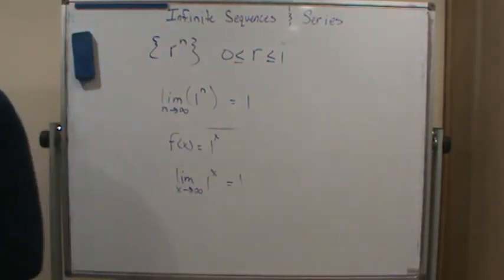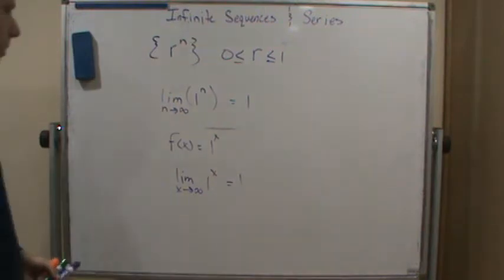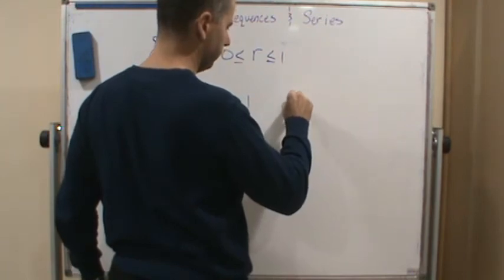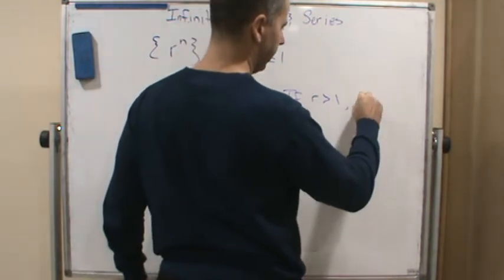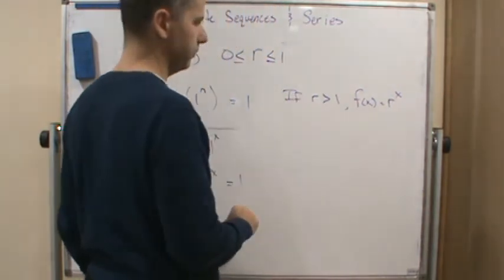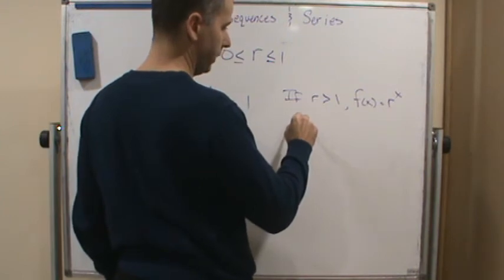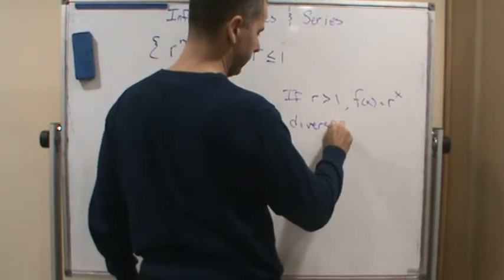Now what about if r is bigger than 1? Then f of x equals r to the x does not converge. It diverges.